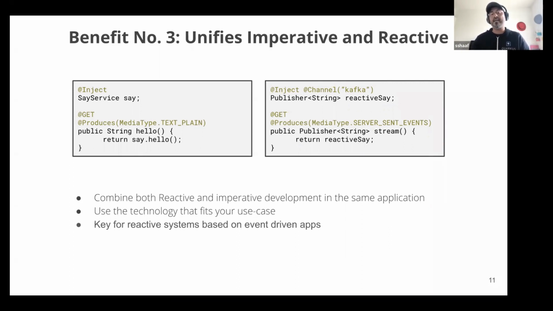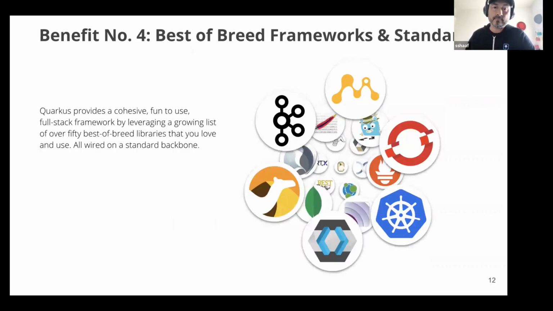And Quarkus uses that under the hood, which means that in Quarkus, you can create a REST endpoint that is reactive, and you can create another REST endpoint within the same application, which is not reactive. Quarkus handles them both together, and it's awesome for event-driven apps, right? So it gives you that possibility to, for example, use Kafka streaming as well with your reactive applications. It becomes a super nice experience.